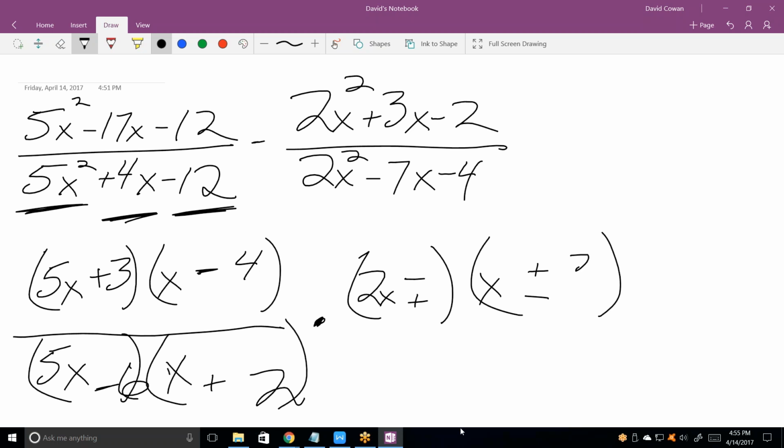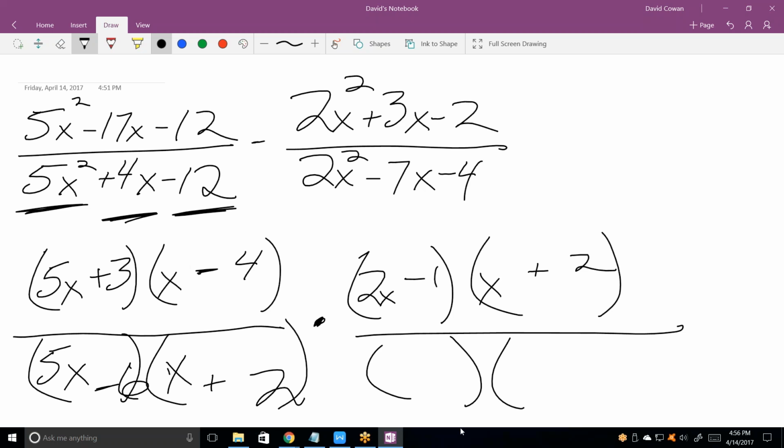There is 2 and 1. And notice that produces my middle term of 3x. With me? Bottom, factor that. Every one of these is merely factoring a quadratic.